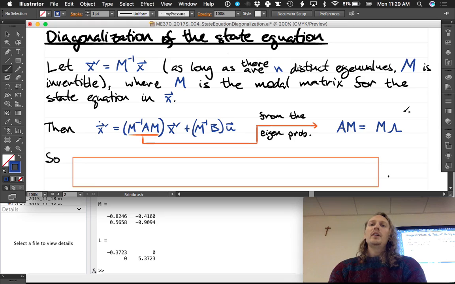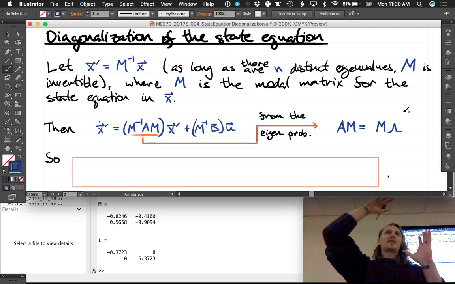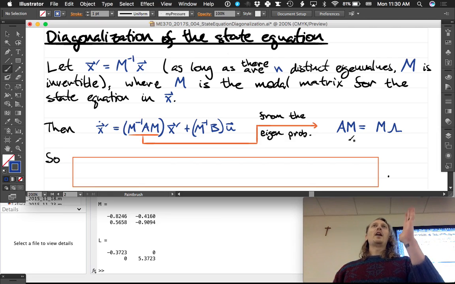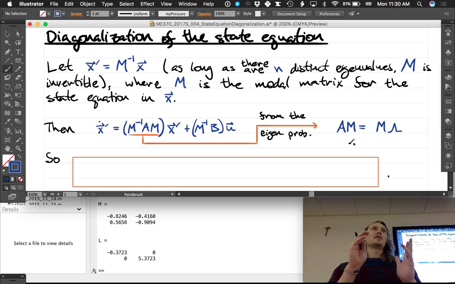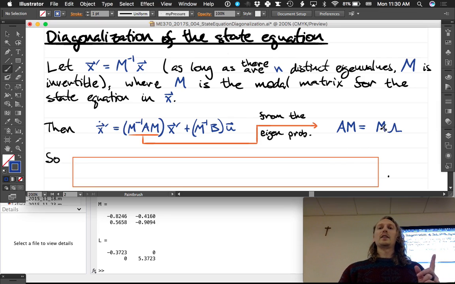This is true, but it's kind of hard to see it at first. So let's remember what M is. M is comprised of these vectors, these eigenvectors, right? If you consider each column separately, which you can do, you can say A multiplying the first column of M, which is m1, the first eigenvector, has to be equal to the first column of M multiplied by lambda.